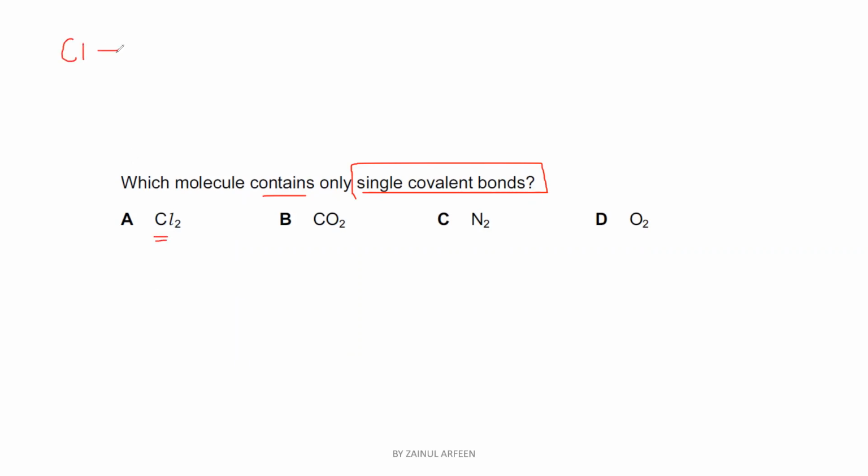Chlorine belongs to group 7. So how many electrons should it share? A group 7 element will share 1 electron. That's right.